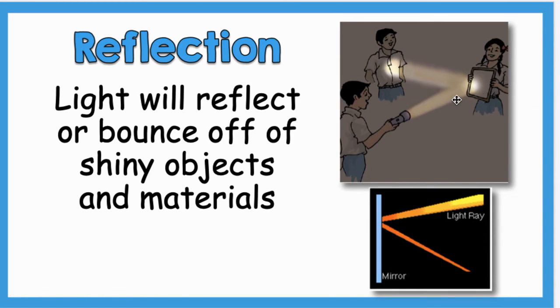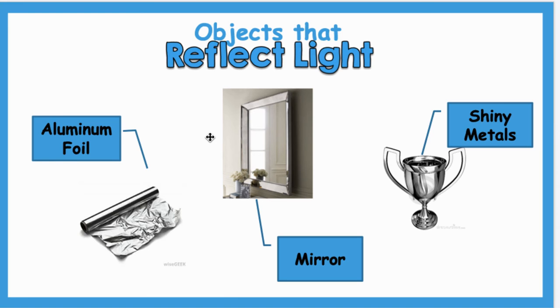Light travels in a straight line and then it bounces back and you can see. Objects that reflect light are like aluminum foil, a mirror, or shiny metals, okay? That is how in those types of objects you're able to see yourself because of the light that bounces back.